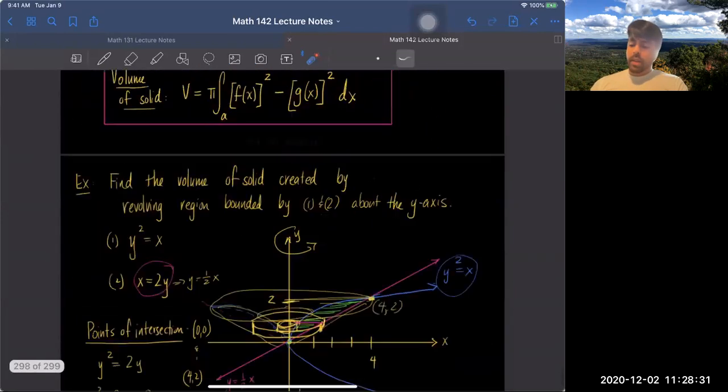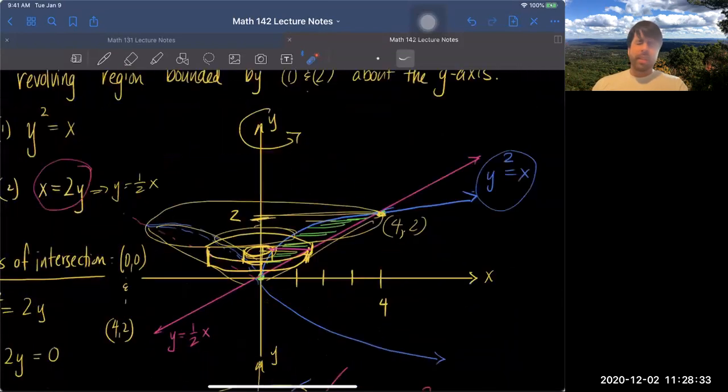The difference here is that my cylinders, or my washers, are sliced horizontally. So the radii of each of these circles here are different, and they depend not on functions of x, but in this case they're functions of y.